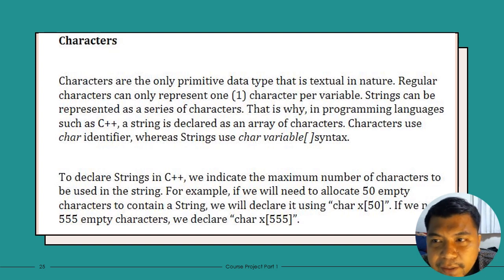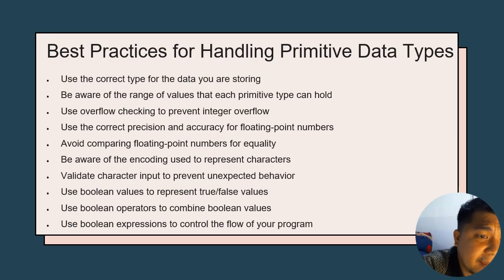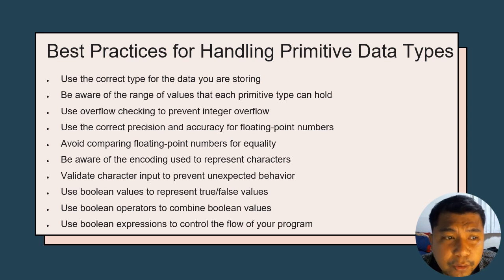Okay, so what are the best practices for handling primitive data types? First, use the correct type for the data you are storing. Be aware of the range of values that each primitive type can hold. Use overflow checking to prevent integer overflow. Use the correct precision and accuracy for floating point numbers.